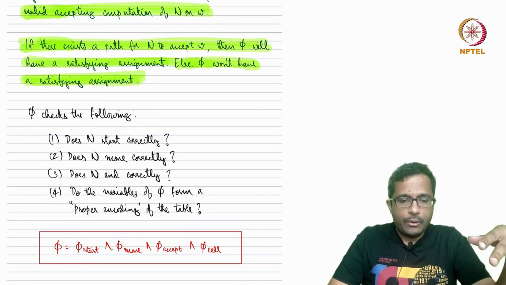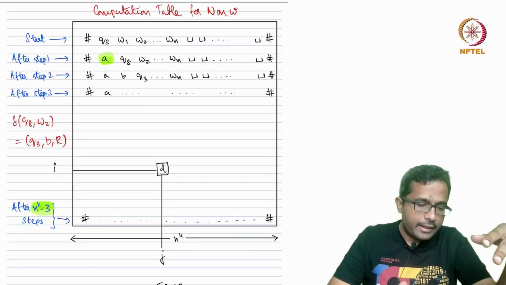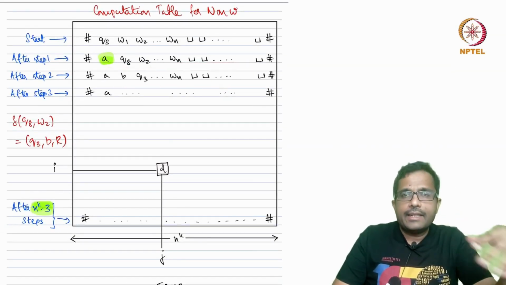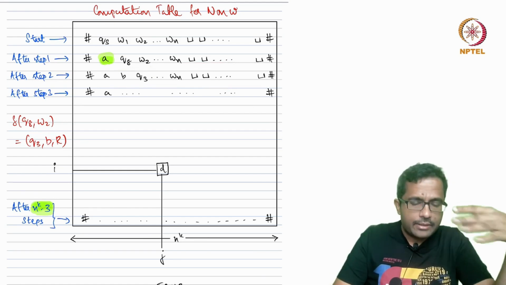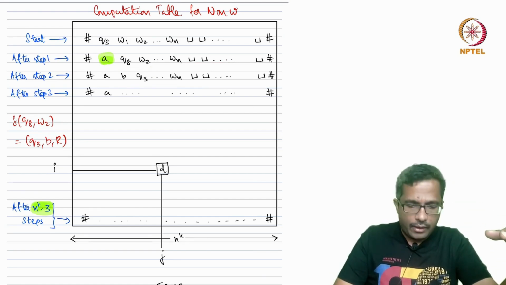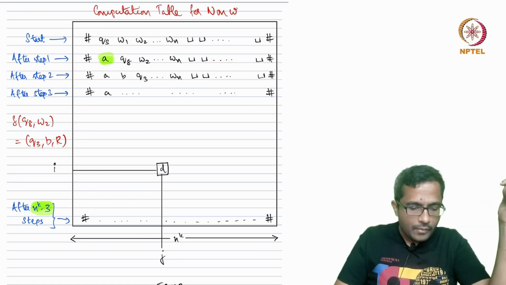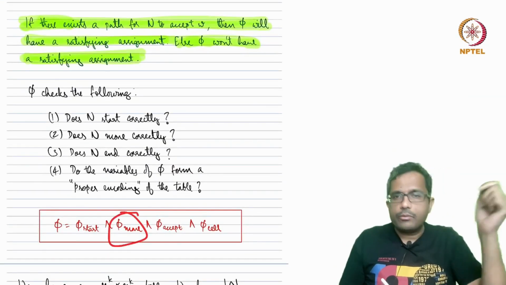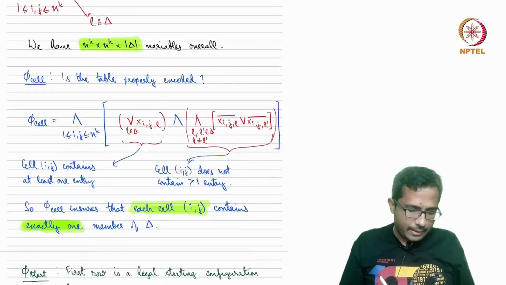The part that was remaining was to check whether each configuration listed here is a valid successor of the previous configuration. This part of the formula is called phi move, and this is what we have to discuss.